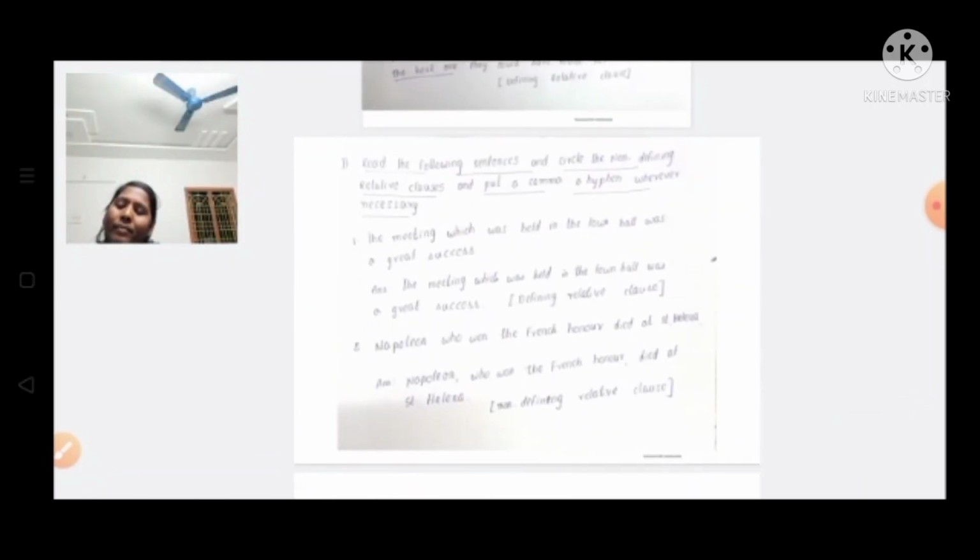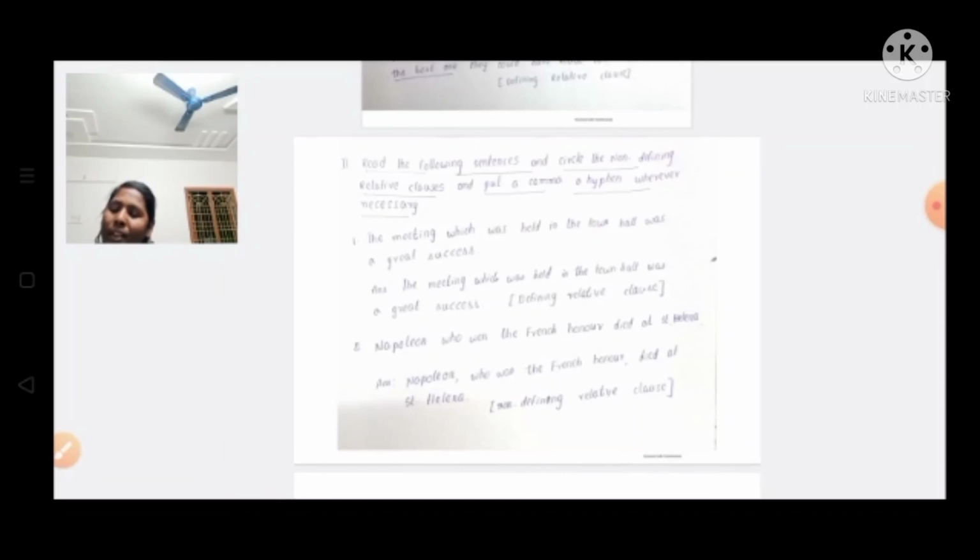Next, read the following sentences and circle the non-defining relative clauses and put a comma or a hyphen wherever necessary. Okay, children?